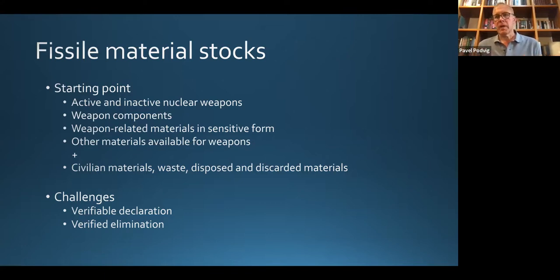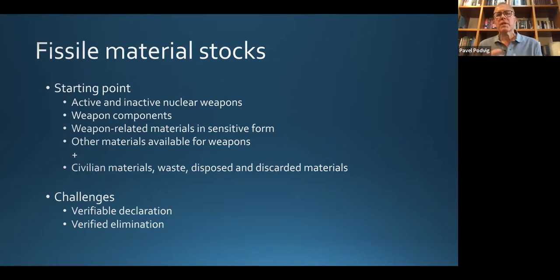A lot of material is still in active weapons. And some material is in weapons that are in the dismantlement queue, but they are still weapons. There are a lot of weapon components. Then there is weapon-related material that still has a sensitive form, isotopic or what have you.